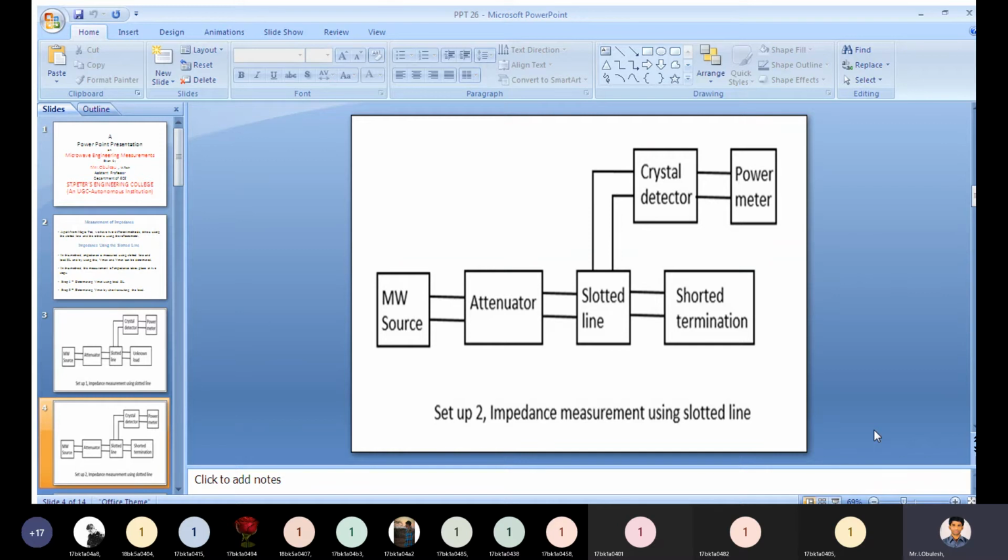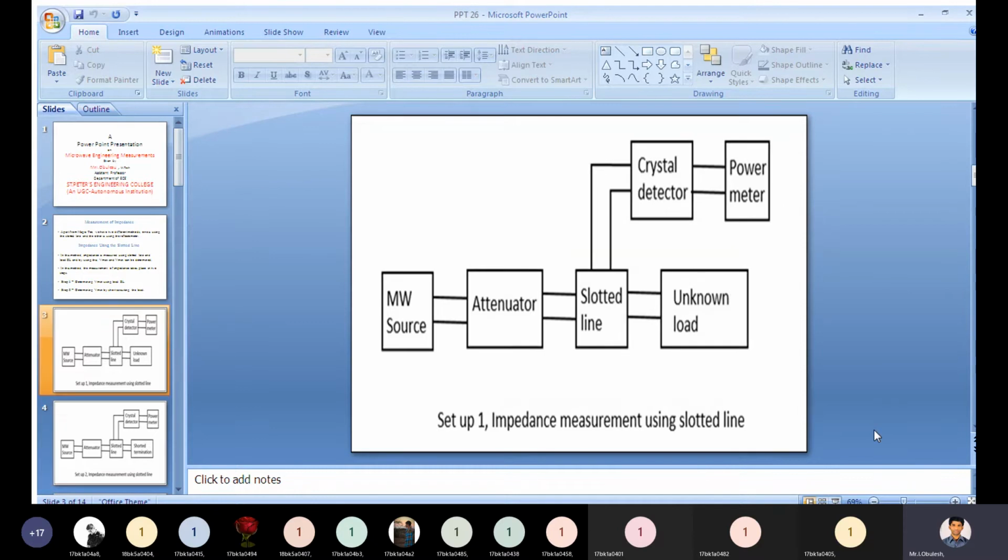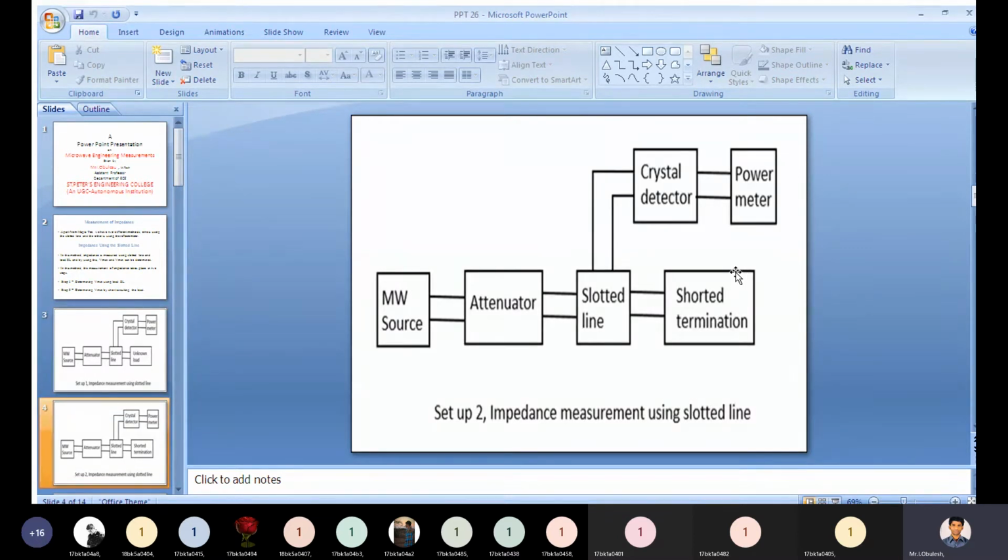There apply the load, unknown load. This load is not known value, unknown value. So because of that reason you need to write it here, unknown load. This is the shorted termination here.